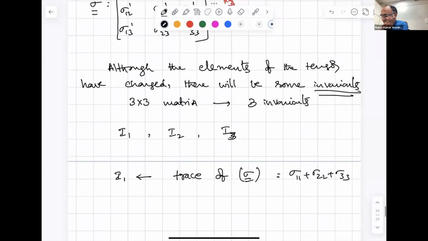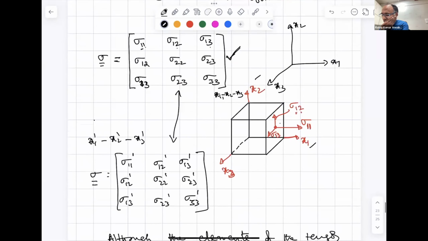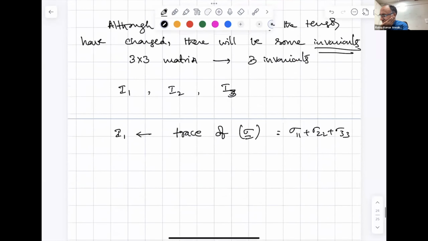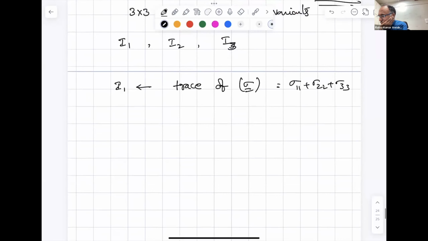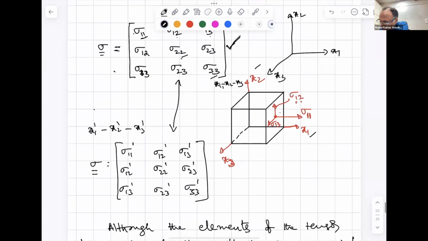What we are saying when we say invariant is that the sum of these diagonal terms should not change, which means sigma 1, 1 plus sigma 2, 2 plus sigma 3, 3 should be the same. The trace should be the same. That means whether you write with respect to this coordinate system or this coordinate system, the trace of these two matrices should be the same.